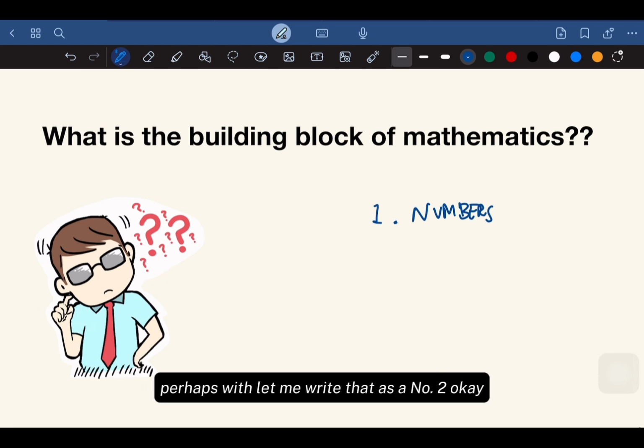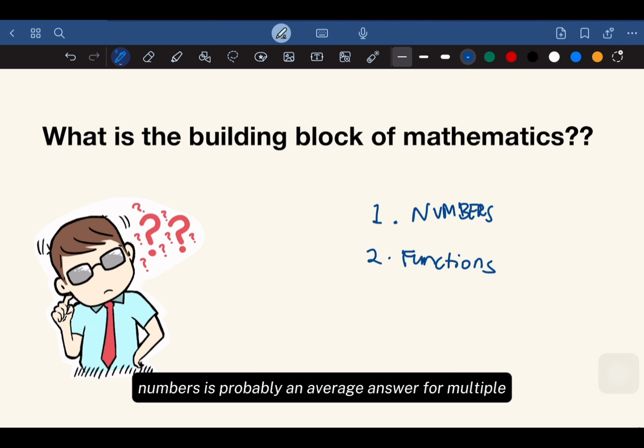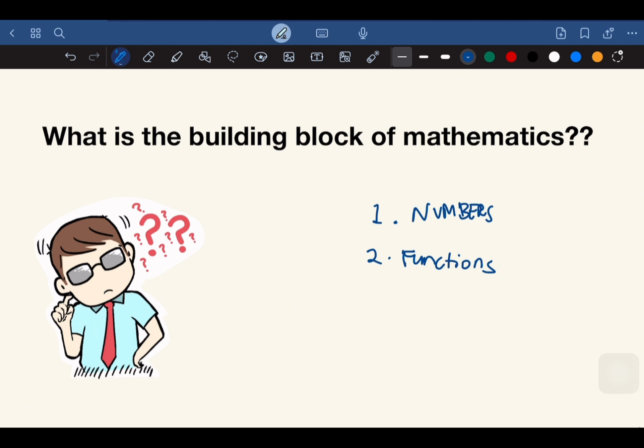Functions. Perhaps, but let me write that as number 2. Okay. Anything else? No. Numbers is probably an average answer for most people.